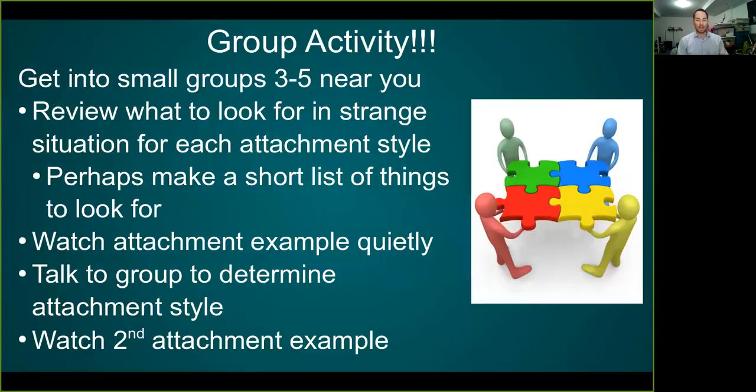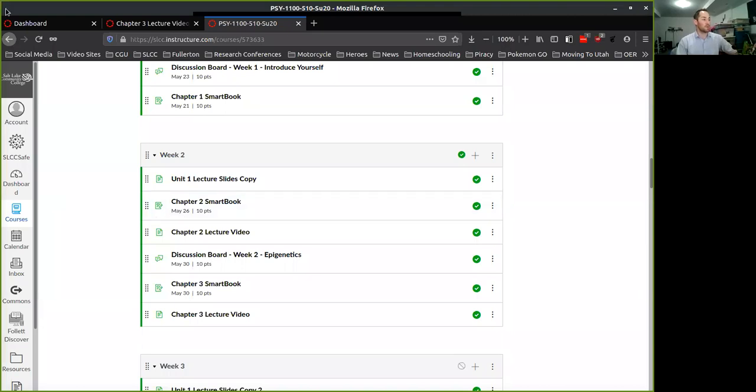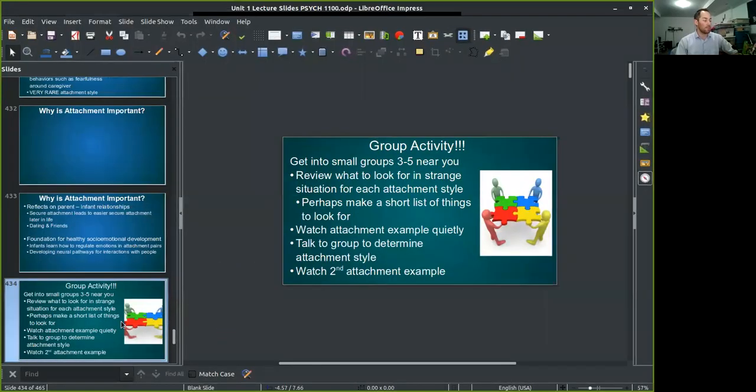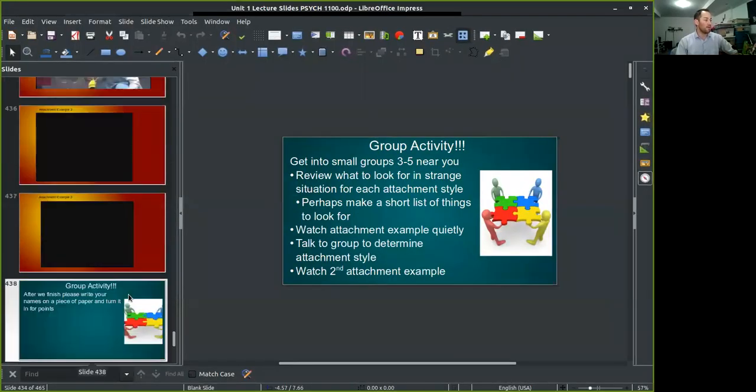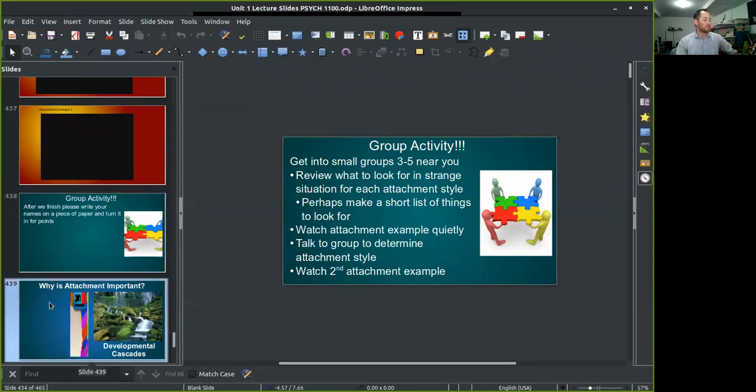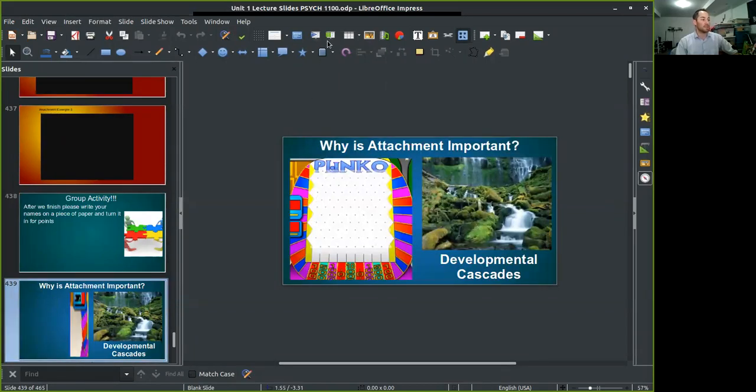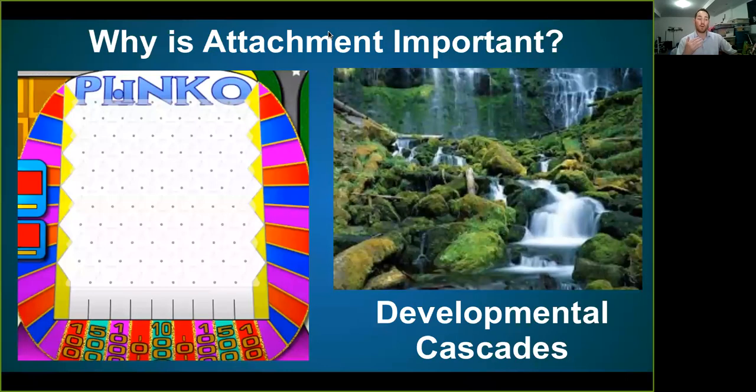So here in these slides, these are for my in-person classes. There's a couple different videos that actually you'll use and watch for your discussion board. So I'm going to basically skip over those right now. But for your discussion board this week, you are going to look at some examples of secure or insecure attachment and see some videos of which kind of attachment you think those are.